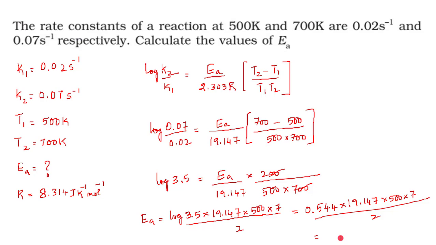So you will get the answer as 18,227.9, or you can make it 18,228. This will be in joule now. You will get this EA value in joule.